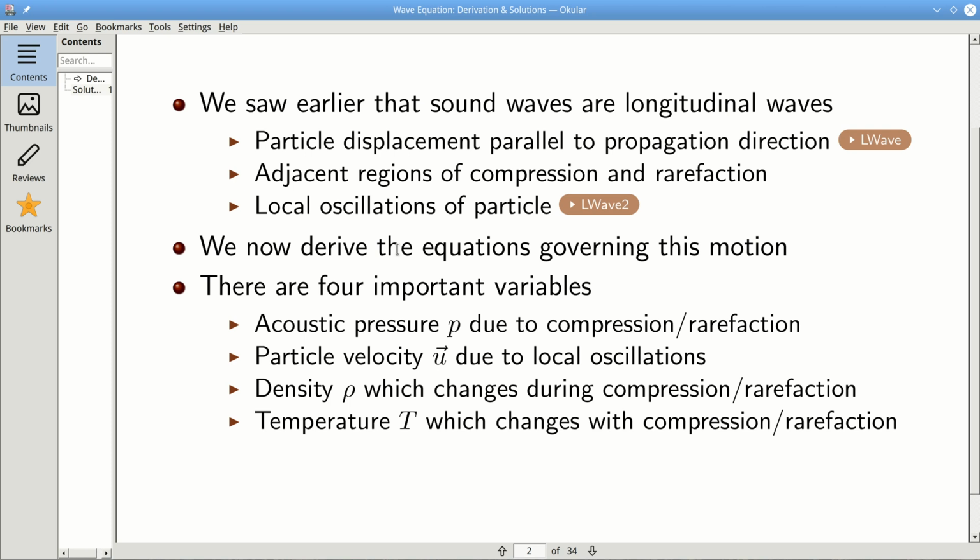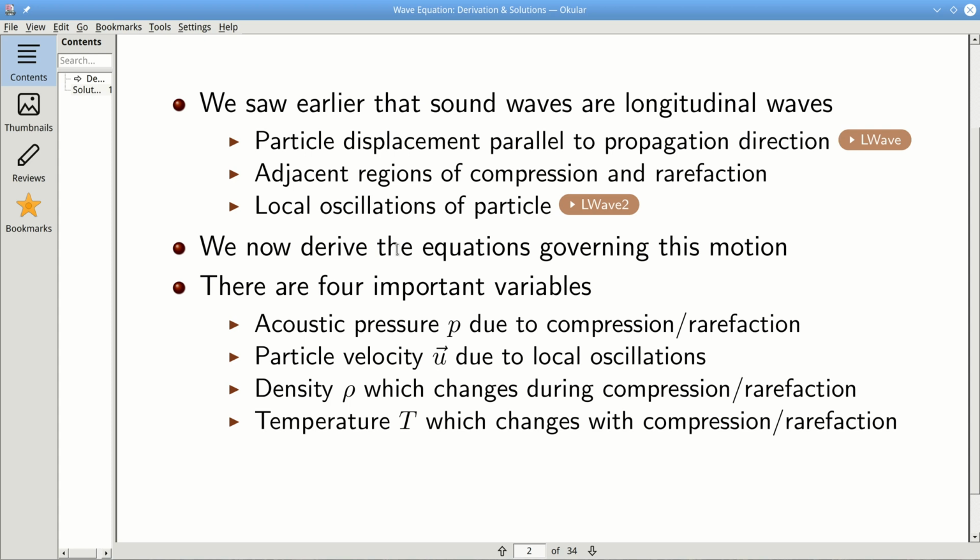As you saw in the animation, there are local fluctuations. The particle keeps moving back and forth. So there is a velocity associated with the particle displacement, of course. The position changes, but you also have a velocity and acceleration associated with that. So the kinematics of the particle movement. Pressure is something that is created because, if you go back, let's focus on this.